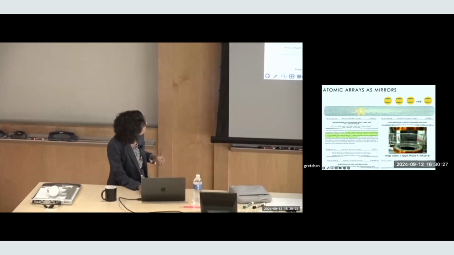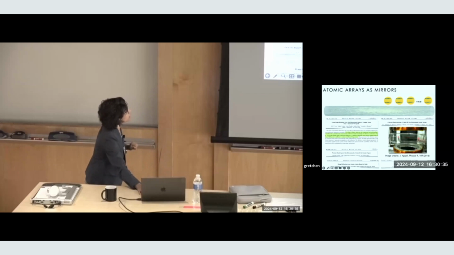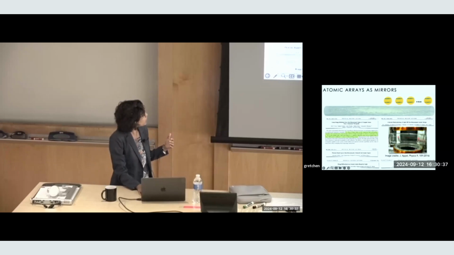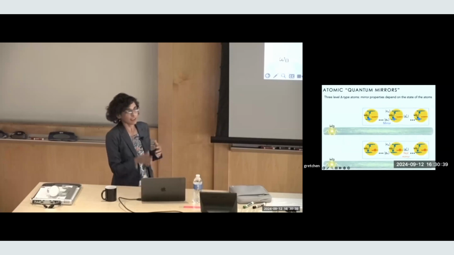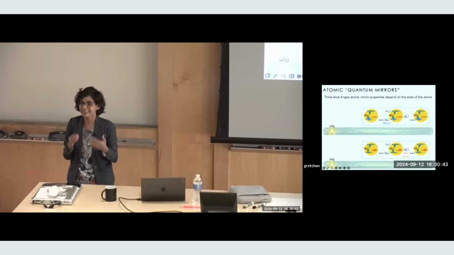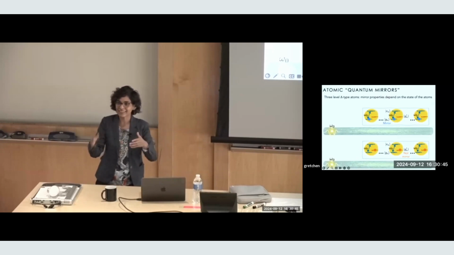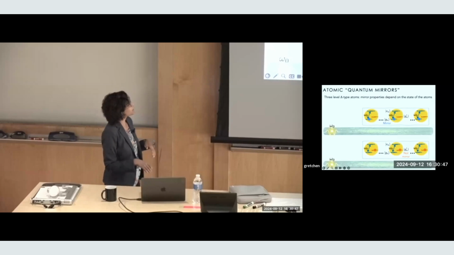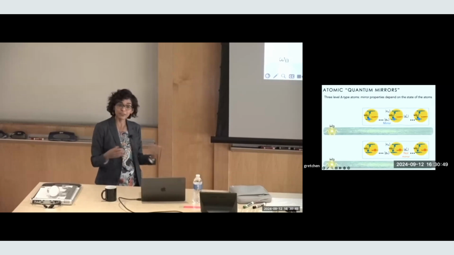Okay, and finally, this animation works. Seemed like it was stuck for a second. Right. Okay. So what we thought? Well, these atoms are also quantum systems. They are not just regular classical dipoles. And what we can do is prepare them in quantum superpositions potentially.